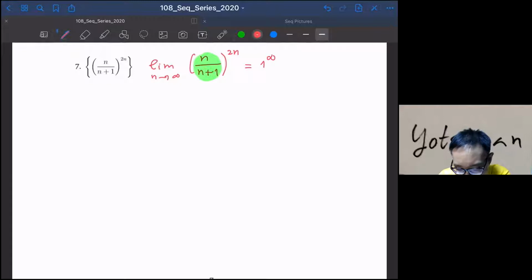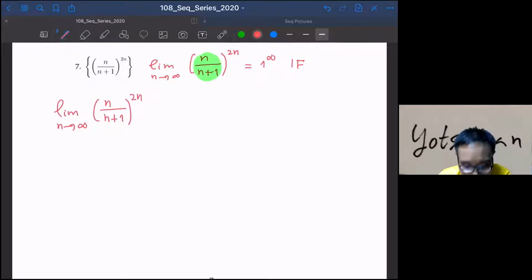So this is going to be an indeterminate form that we had last semester. We're going to use L'Hopital's rule in order to find this limit. So we have the limit as n goes to infinity of (n over n plus 1) to the 2n.